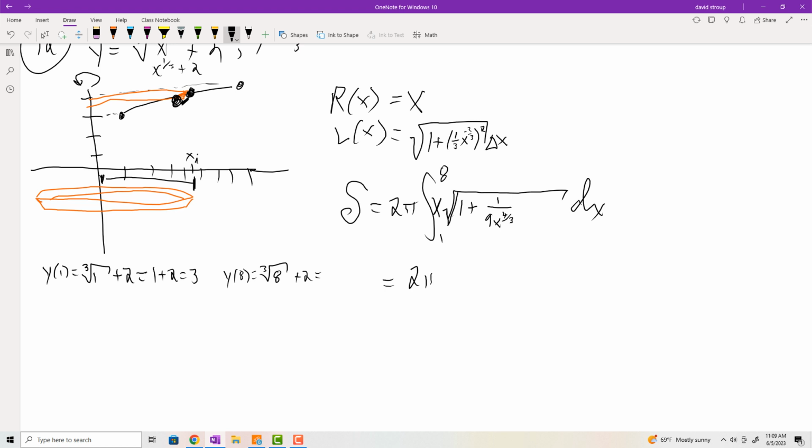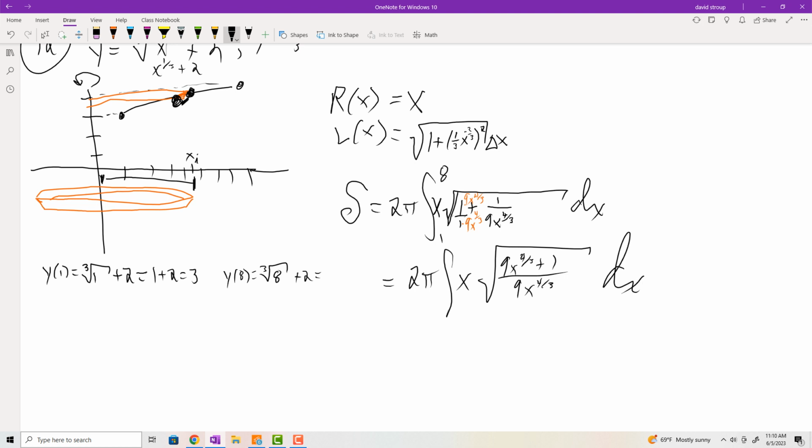Okay, so we have 2 pi integral x. 1 is the same as 1, and then I want to multiply top and bottom by 9x to the 4/3. And we'll end up with, in the radical, 9x to the 4/3 plus 1 all over 9x to the 4/3.